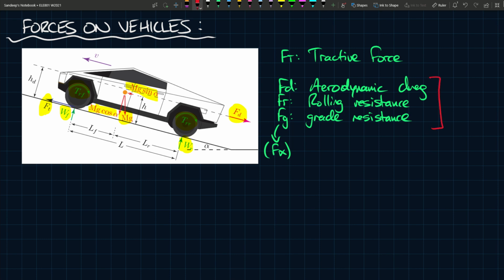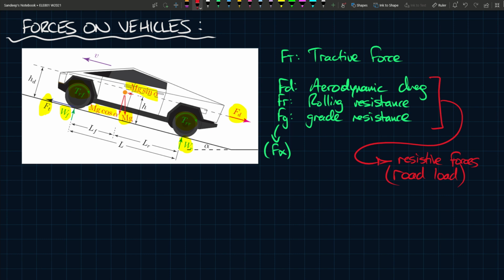So these three are what we're going to deal with the most, and these three are referred to as the resistive forces, and sometimes it's even called the road load. So if you see the words resistive forces or road load in the context of electric vehicles, this is what they're referring to. It's these three forces, and they have different behaviors, and they are modeled in different ways.